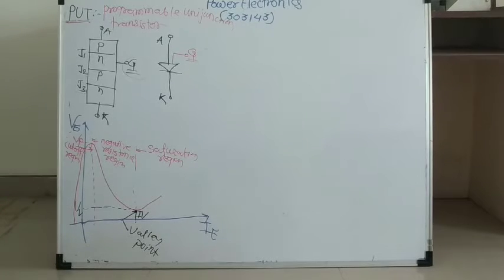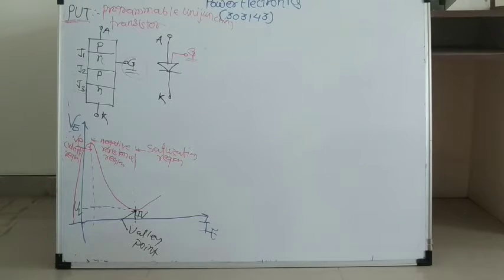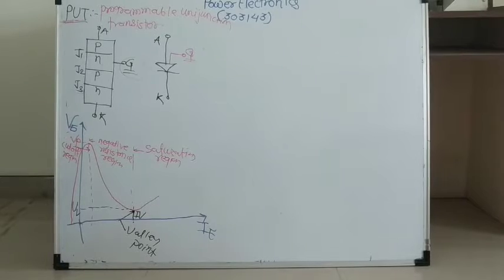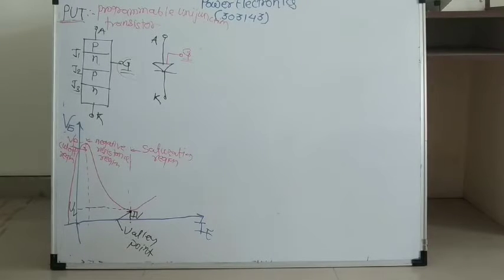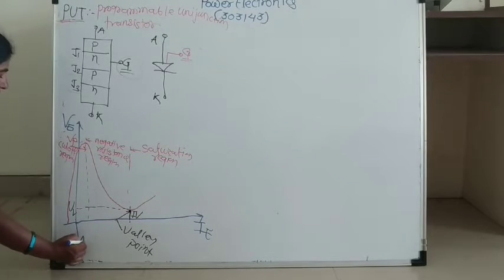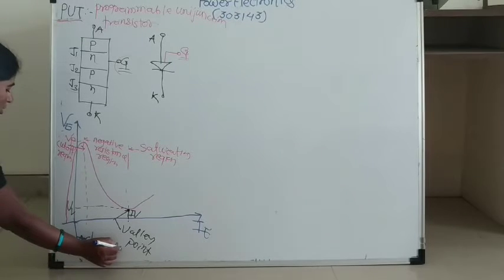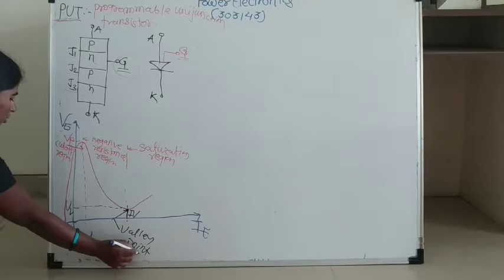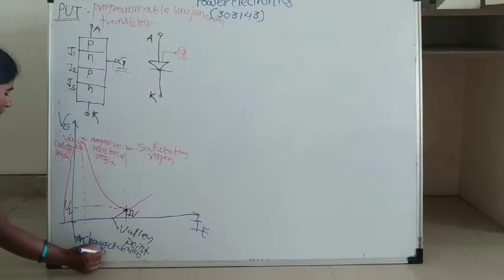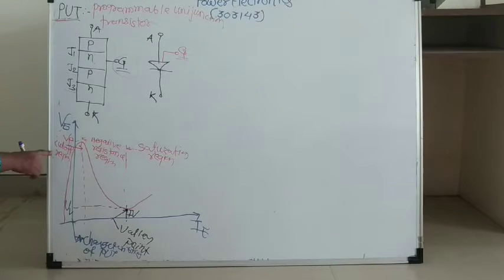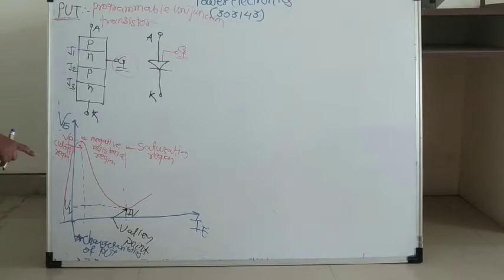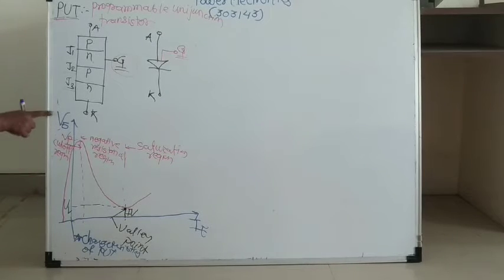Now I will explain the characteristics of PUT. Name this figure as characteristics of PUT. These characteristics of PUT are nothing but the graph of voltage versus current.